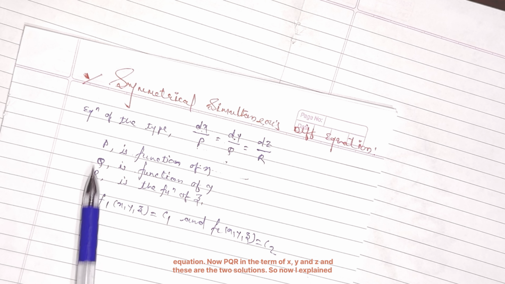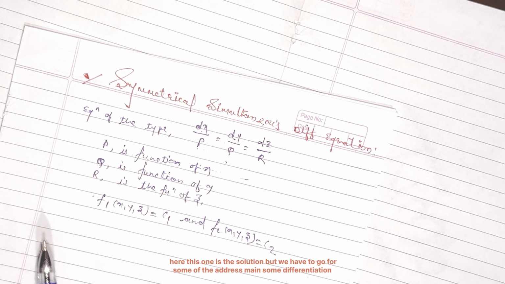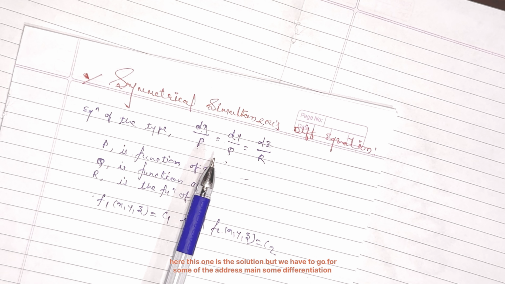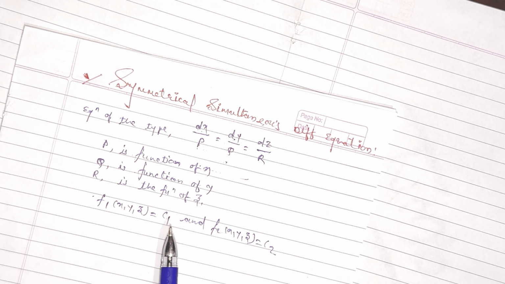Here p and q are in terms of x, y and z, and these are the two solutions. We have to make some adjustments, some differentiation, or apply some methods to land on these solutions, and to find these two solutions we have two different methods.